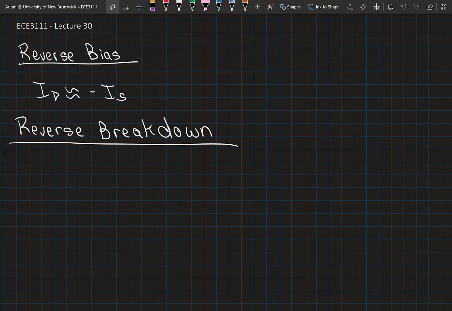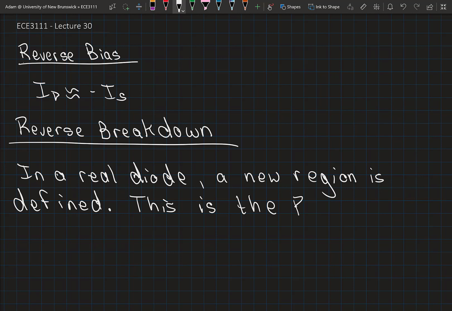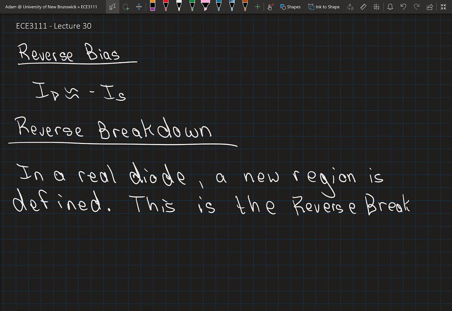Okay, so in a real diode, a new region that our diode equation doesn't really represent is defined, and this region is known as the reverse breakdown region.